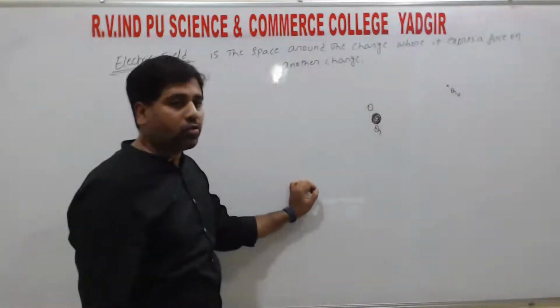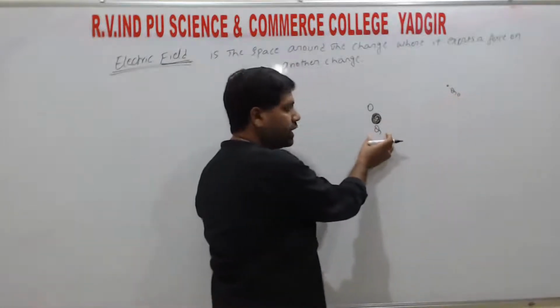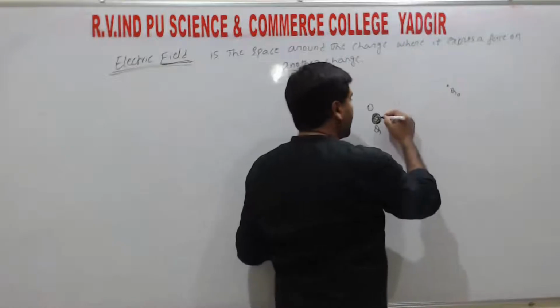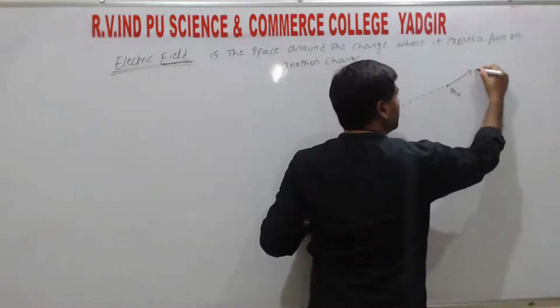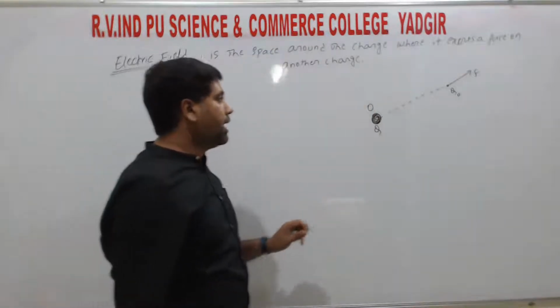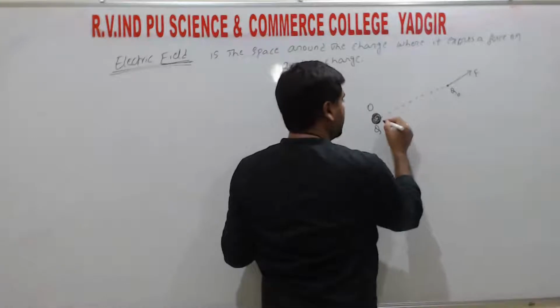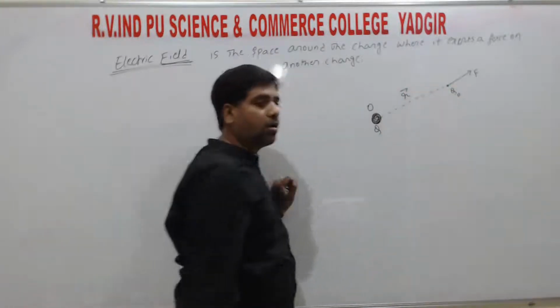Again from Coulomb's law, this Q0 experiences a force caused by the charge Q, along the line joining them, so the force is in this direction. Now the distance from the origin to the point is the vector r.